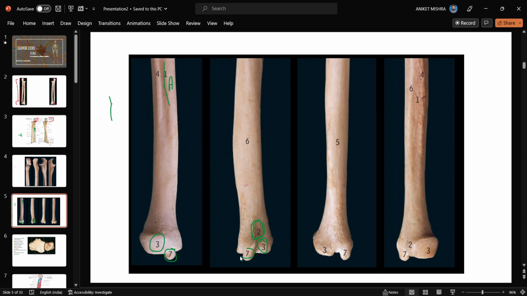These 7 marks are for the stellate process of the ulna. The fourth one is the interosseous border. The sixth one is the posterior border, and the fifth one is the medial surface of the ulna.